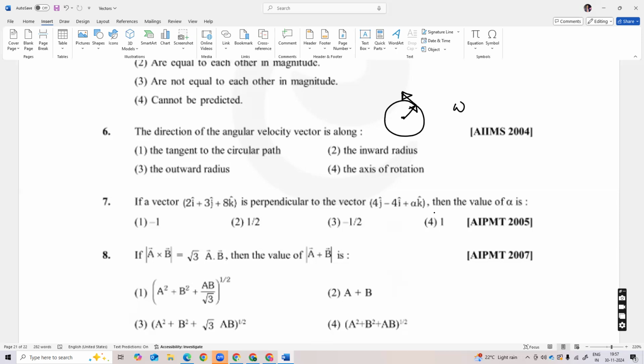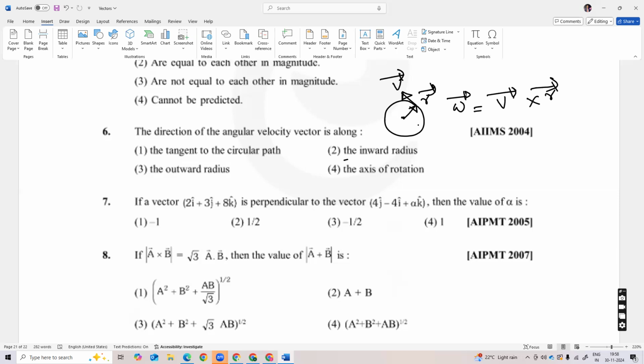Since angular velocity is the cross product of the radius vector and linear velocity, if you point your fingers in the direction of the linear velocity vector and move it towards the radius vector, this angular velocity will be perpendicular to both the radius as well as the velocity vector.